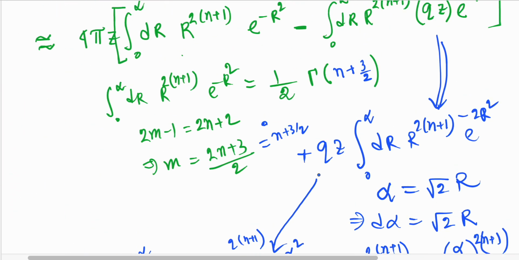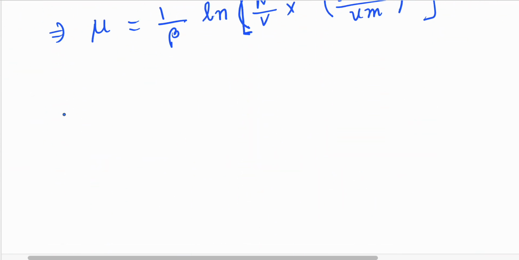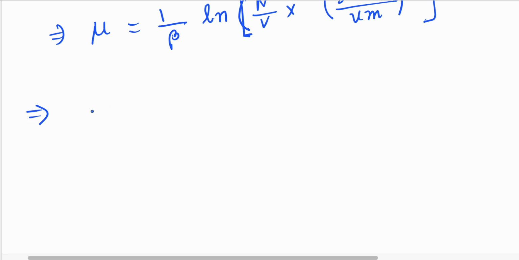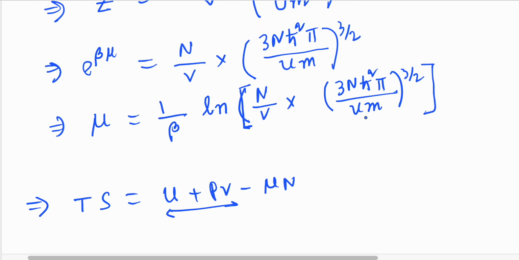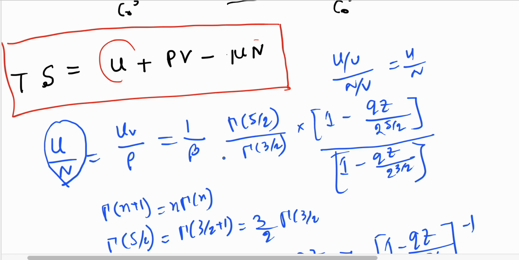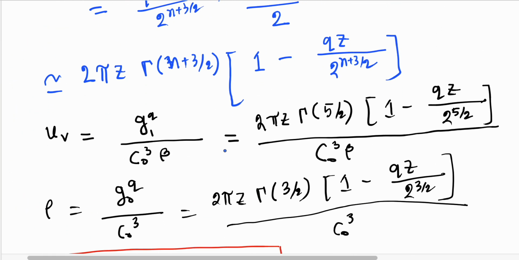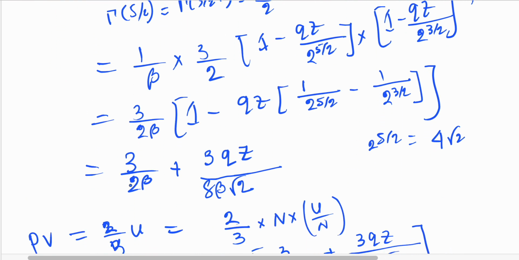Now we are ready to express the leading order contribution of the entropy. So the first term: Ts will be simply u plus pv minus mu n. So u plus pv, I only take the leading term, since u by n is 3 by 2 beta.